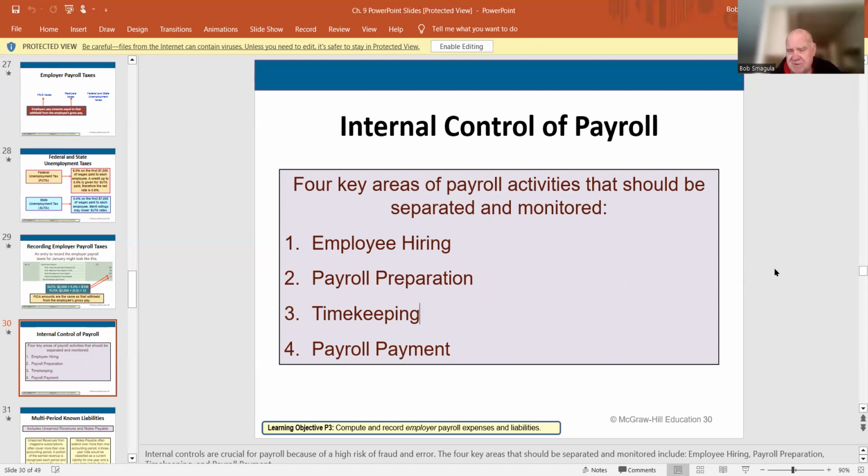You want as many hands in the pie as you can, so that if any cheating is to be done, four people would have to get together and mess with it. Okay, internal control: you assign responsibilities to the area and make sure that they're not overlapping.